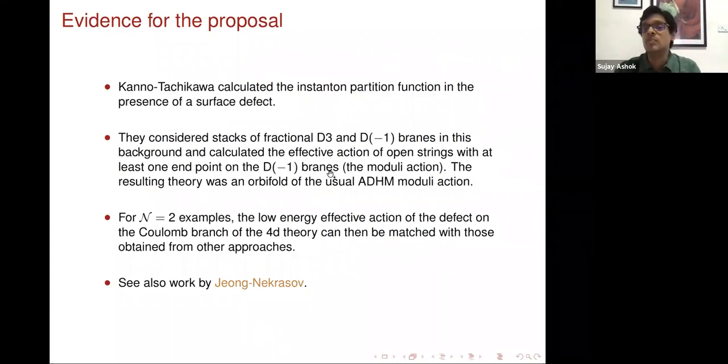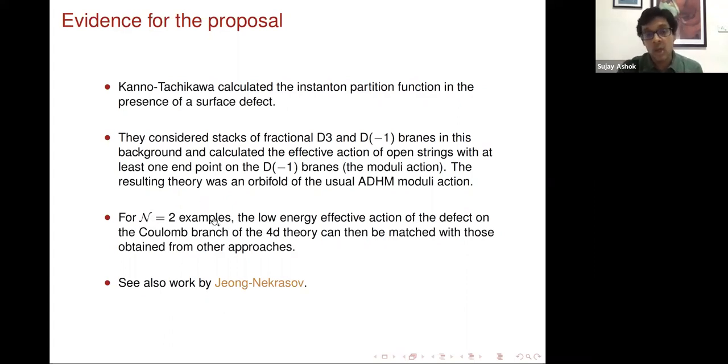This is what people usually call the moduli action. What they found was that the moduli action for such a D brane, which extends along the orbifold, is an orbifold of the usual ADHM moduli action. And then they used this to compute the instanton partition function in the presence of a defect.